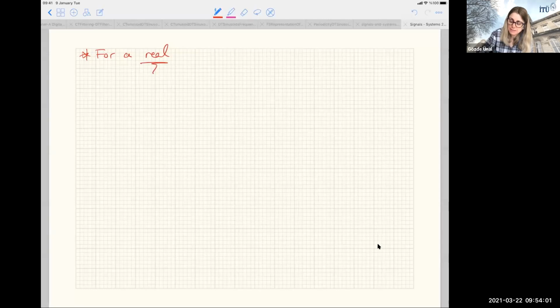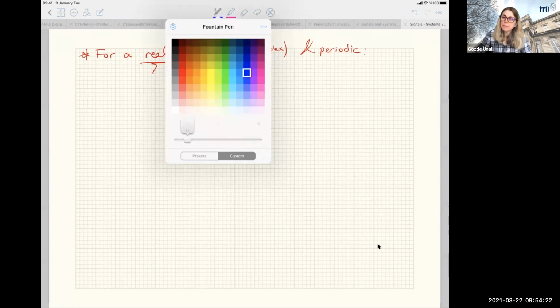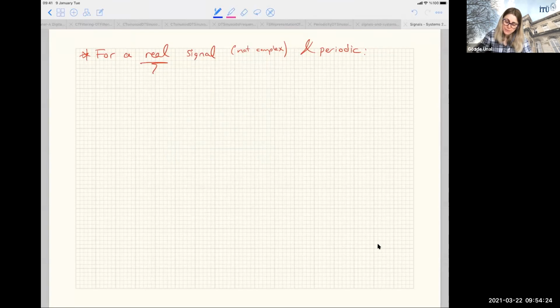For a real signal, meaning not complex, all the cosines and sines we've been talking about, not the complex exponentials, are real signals. And periodic, of course, and we can calculate a property of the Fourier series coefficients. So the Ak's have a special property. We will see now. To derive it, let's derive it.